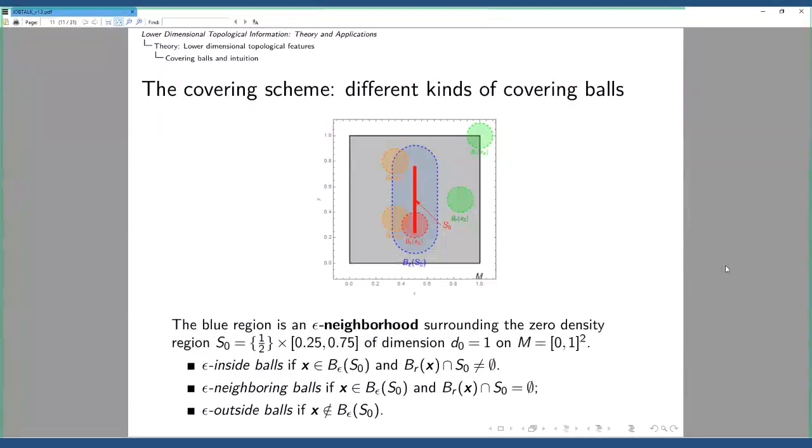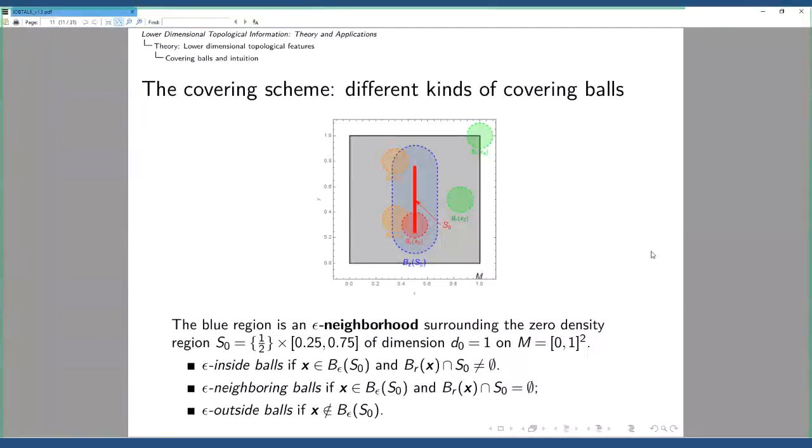So in order to formalize our method a little bit, we also need to introduce what we mean by different kinds of covering balls. So again, we use the line segment example. Here, the red line segment is still the zero density region. For those balls which intersect this zero density region, we call them epsilon inside balls, like these red ones in the middle of the picture.